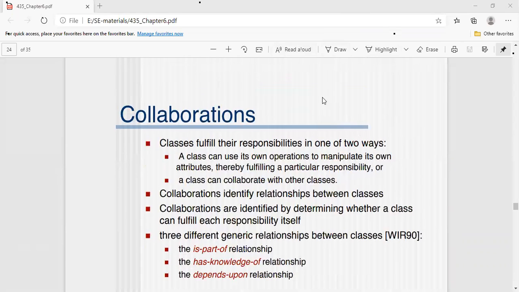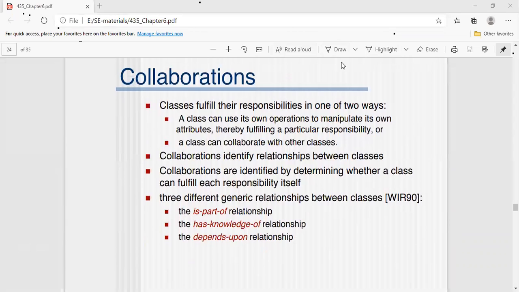Next, here we have collaborations. Classes fulfill their responsibilities in one of two ways. The first one is that a class can use its own operations to manipulate its attributes, thereby fulfilling a particular responsibility.